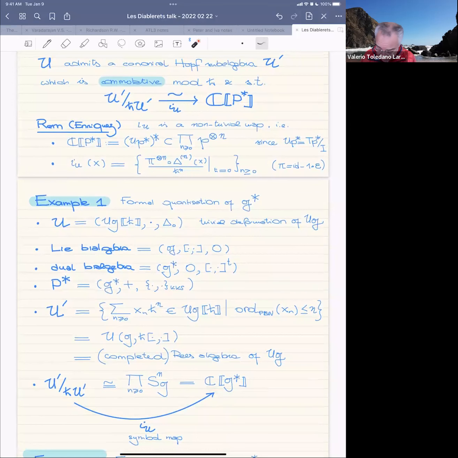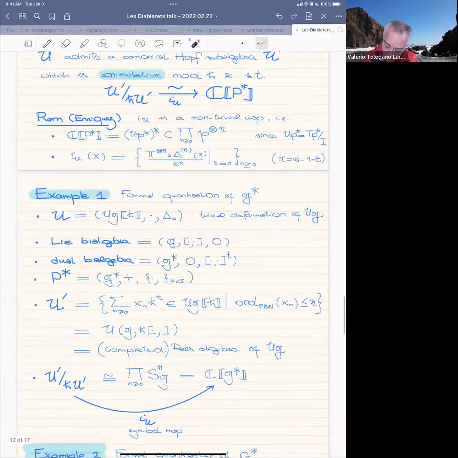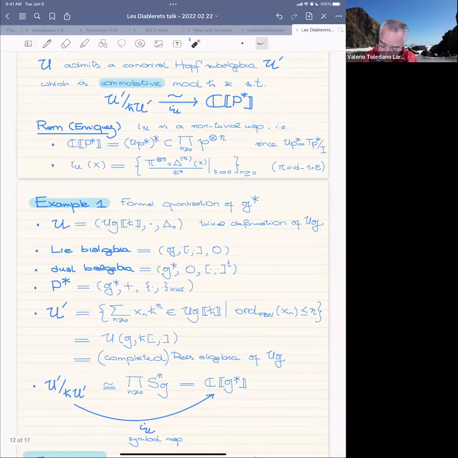In this case, it's nothing but the symbol map. So in this very special case, the identification is just a standard identification you'd think of writing. Okay, so this way we've used, somewhat underused, if you will, Drinfeld duality to give a formal quantization of G star.